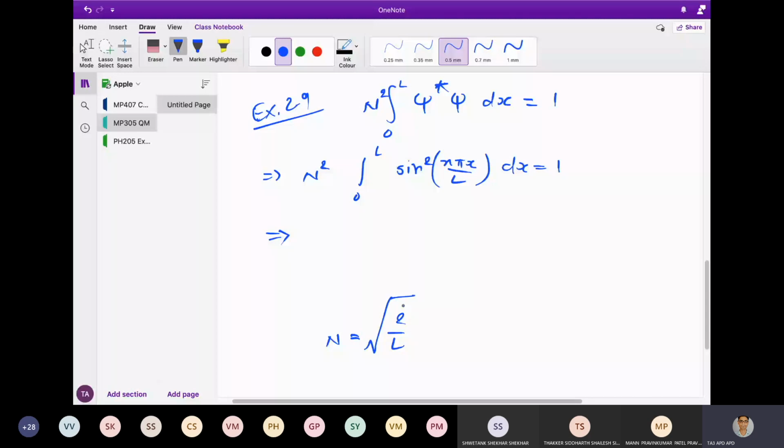This is sin squared theta, which is 1 minus cos 2 theta by 2, so 1 minus cos of 2 n pi x by L whole divided by 2. And then you can separately integrate both the terms.